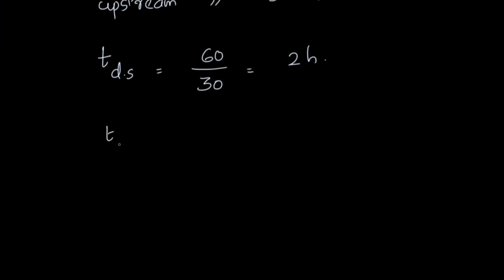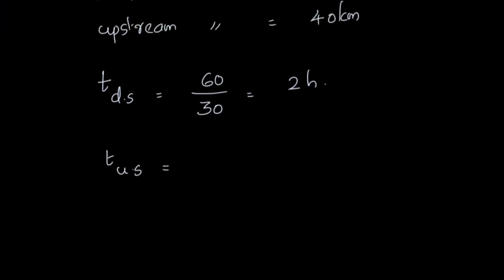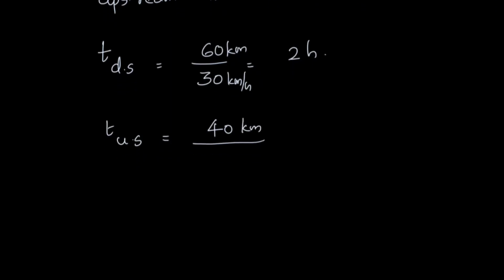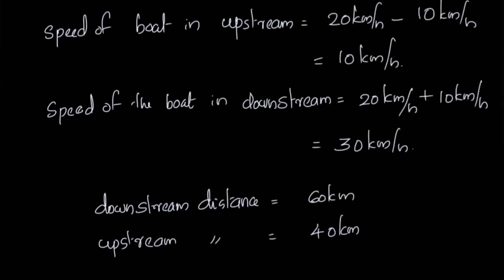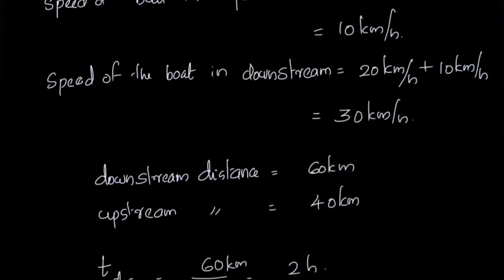The time taken for upstream motion is equal to the upstream distance traveled, 40 km, by the speed, which is 10 km per hour, the upstream speed we already calculated.